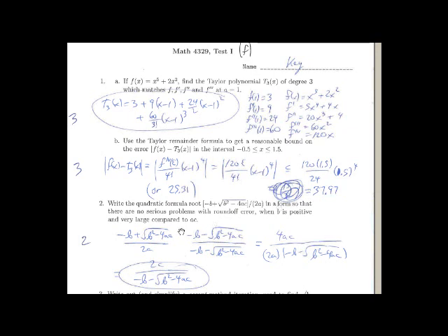Now this is a section 2.2 problem. This is a quadratic formula. If b is positive and very large compared to ac, that means this is approximately the square root of b squared, which is absolute value of b. So you got minus b plus b.